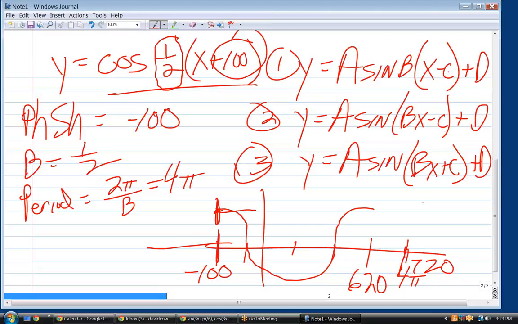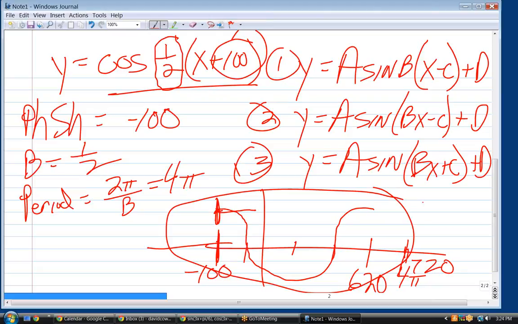In other words, C and D do not change the shape of the graph. They only move it up or down or left or right. Whereas A and B do change the shape of the graph. They can narrow it or flatten it.